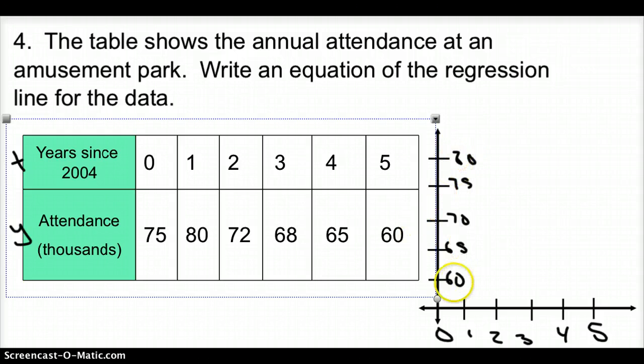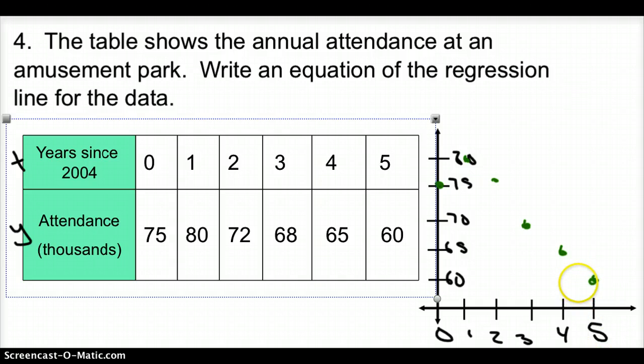So here we go. 0 is at 75, and actually I'm going to pick a different color. 0 is at 75, 1 is at 80, 2 is at 72, 3 is at 68, which is somewhere in there, 4 is at 65, 5 is at 60.